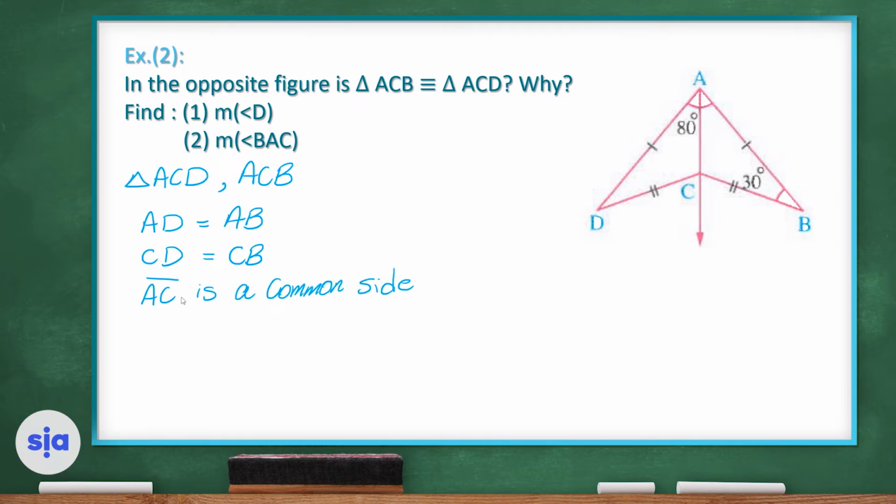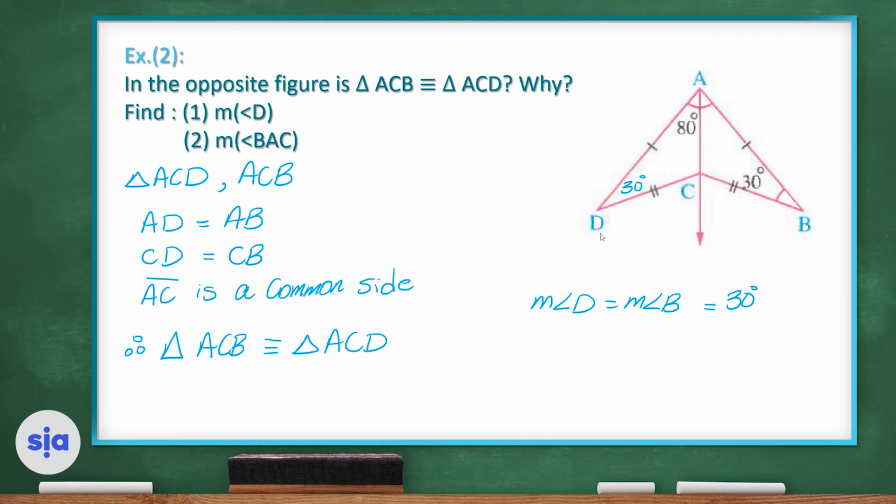So therefore triangles ACB and ACD are congruent triangles. After that, how can we find the measure of angle D? The measure of angle D is equal to the measure of angle B, which is 30 degrees. So the measure of angle D is 30 degrees.